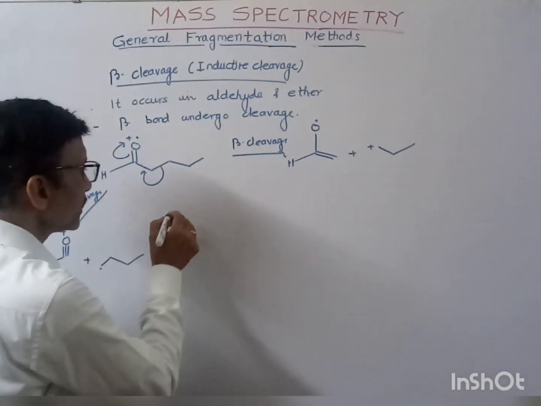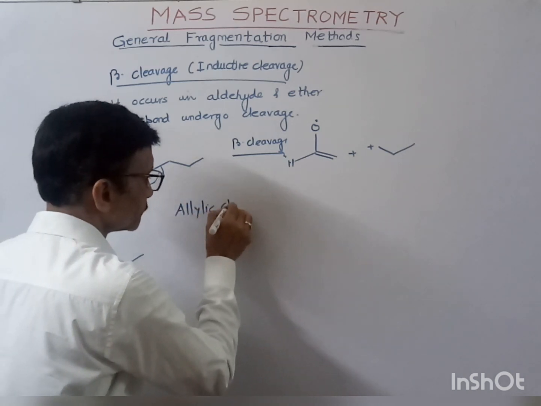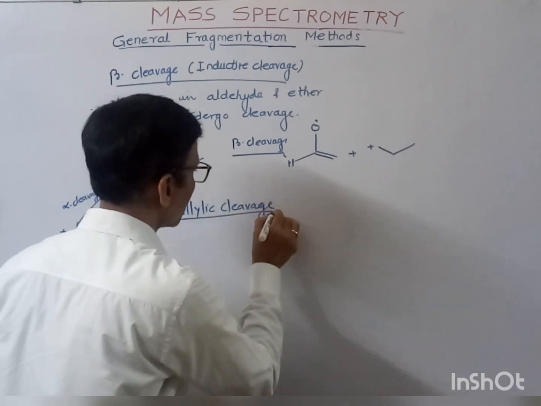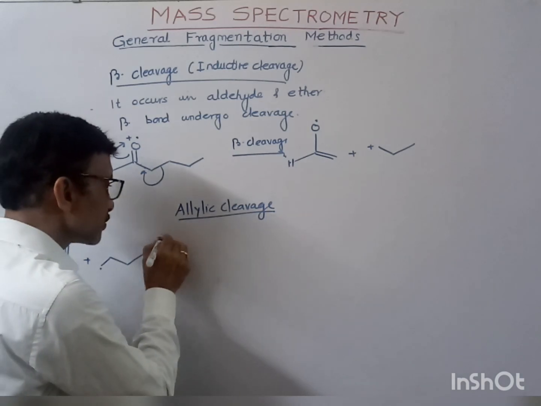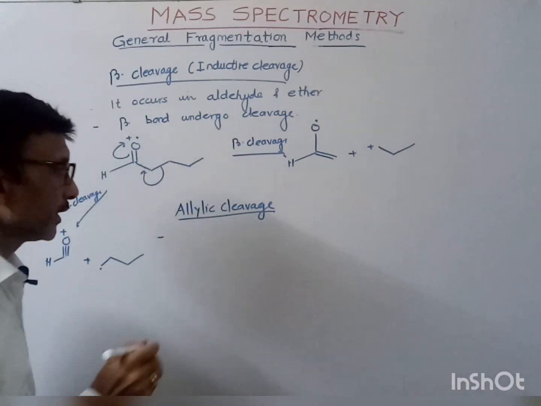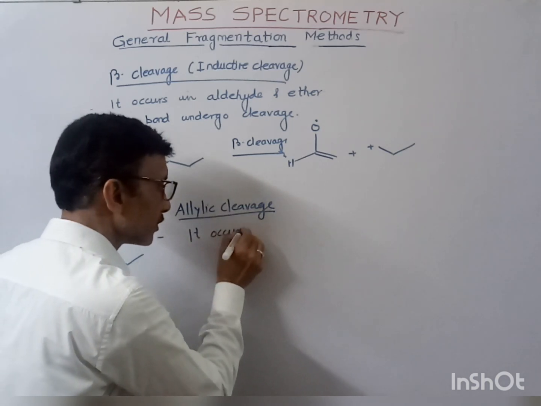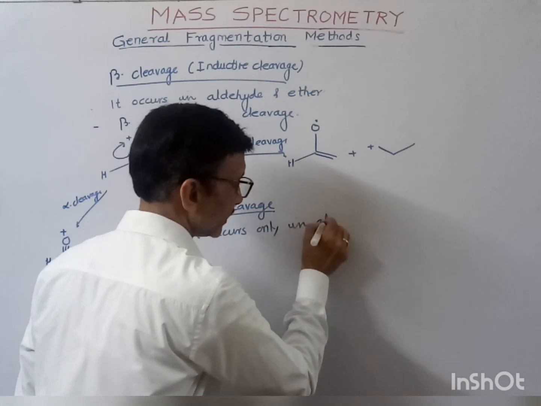Now the next type, let us see the allylic cleavage. Such a cleavage occurs only in alkynes or alkenes.